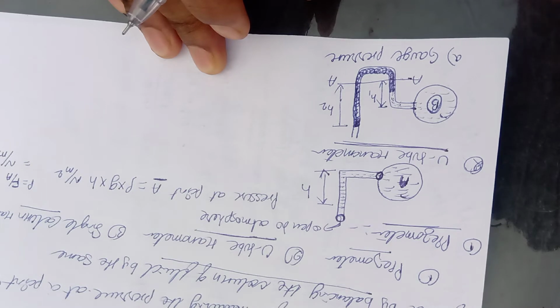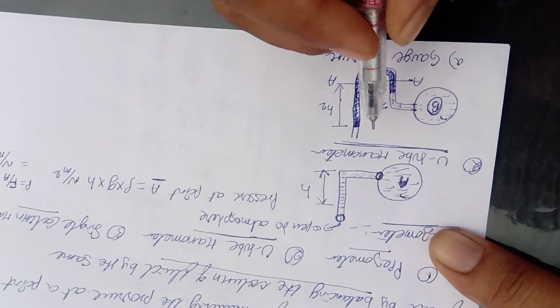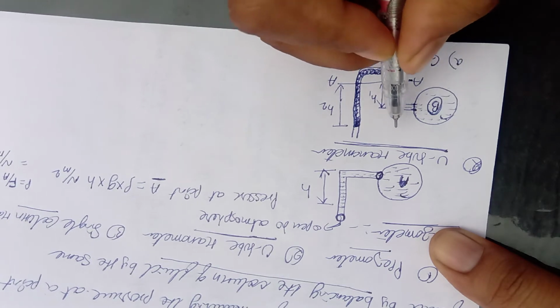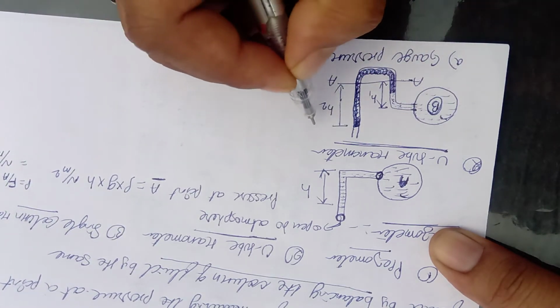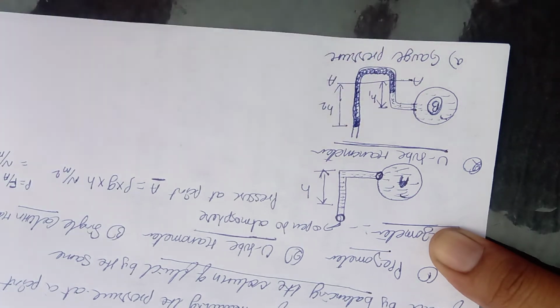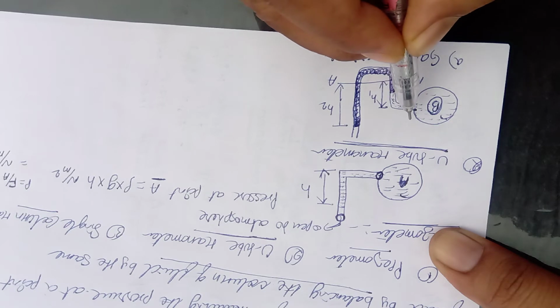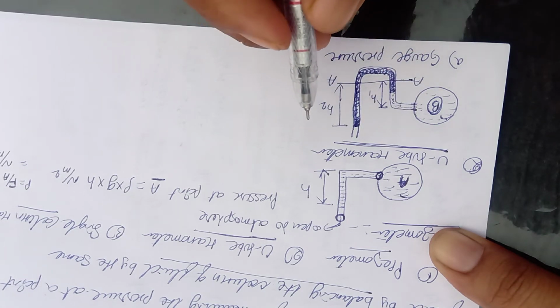Think of it. To be simple, the pressure in the left limb should be equal to the pressure in the right limb. So if you equate the pressure in the left limb with the pressure in the right limb, you'll get the formula. So let us do it.